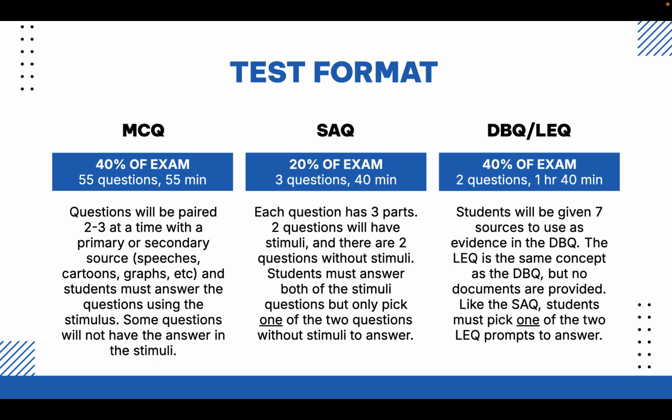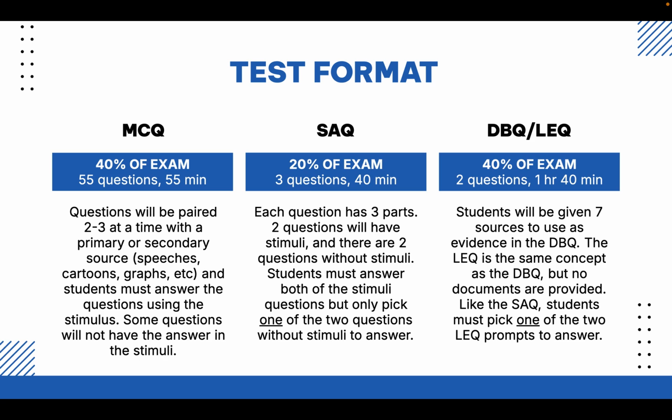The short answer question, or the SAQ, has 3 parts, Part A, Part B, and Part C, per question. So if we want to get technical, there are 9 parts that you must answer in total. 2 of the 3 questions that students need to answer have stimuli, and similar to the MCQ, some answers might not be stated directly in the stimulus.